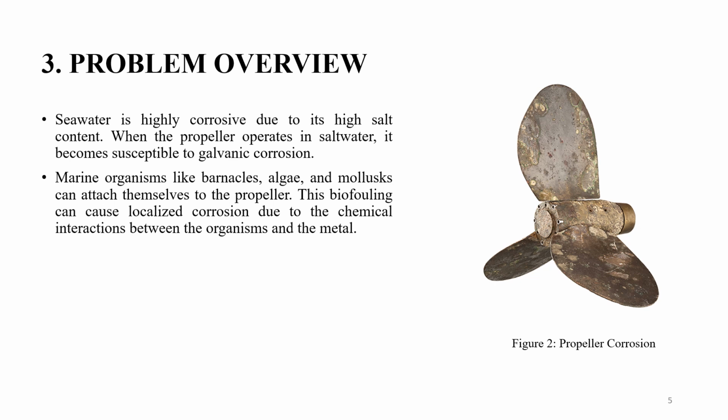Also, microorganisms like barnacles, algae, and mollusks can attach themselves to the propeller, and this also causes local corrosion. For this reason, there are chemical interactions between the surface and the outer fluid of the water, and that enhances the damage level on the propeller surface.